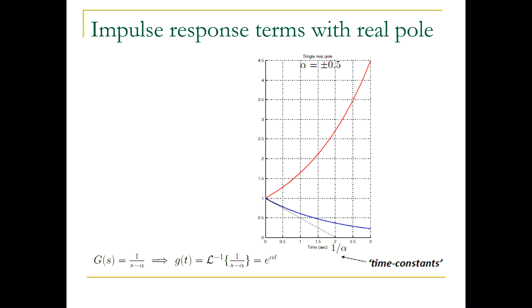We call this a time constant. A large time constant means that the response converges more slowly. A small time constant means that the response converges very quickly to 0. Are there any questions regarding this?